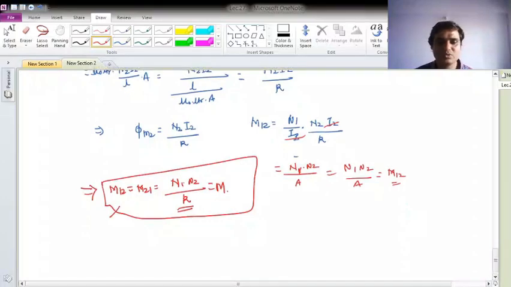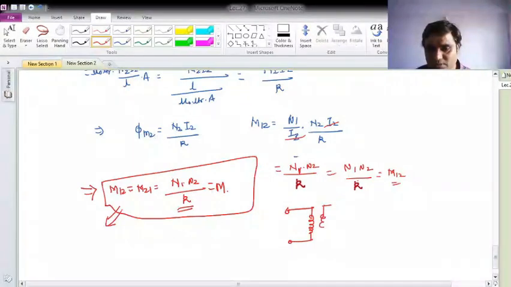Okay, so this way you can define the mutual inductance, and generally how do we represent it? This is my coil, this is my second coil. They are linked, and this linkage can be represented with the mutual inductance M. Fine.